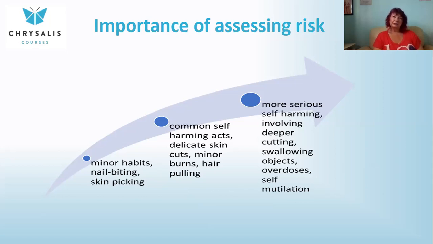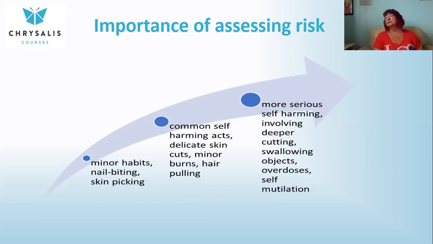Reeves believed that we need to take a relational approach, but that it can be in danger of being taken over by risk assessment, that we can be so obsessed with the risks that it can affect the way we work with somebody.